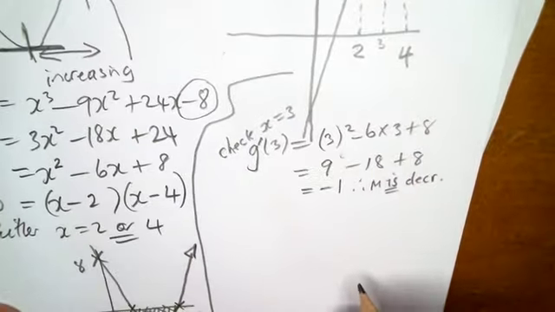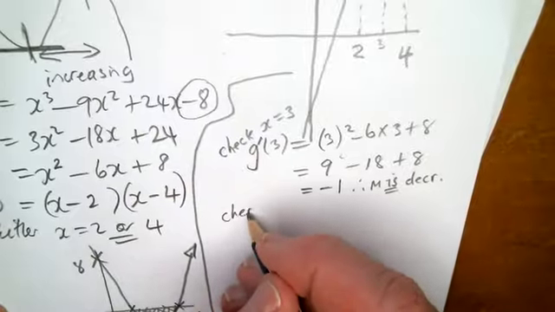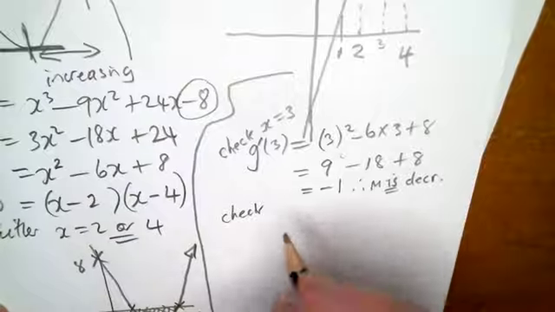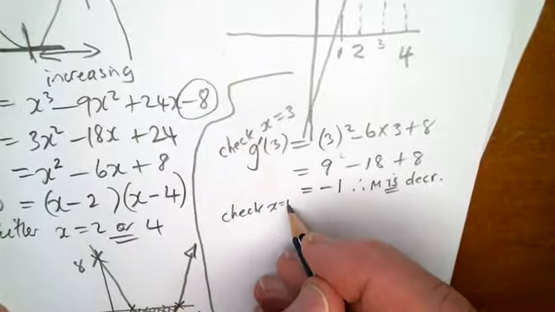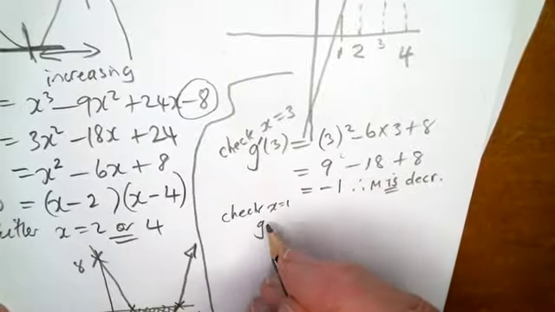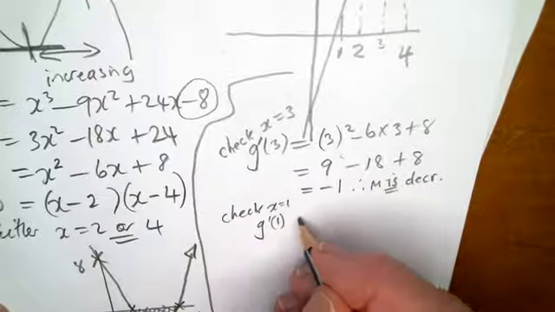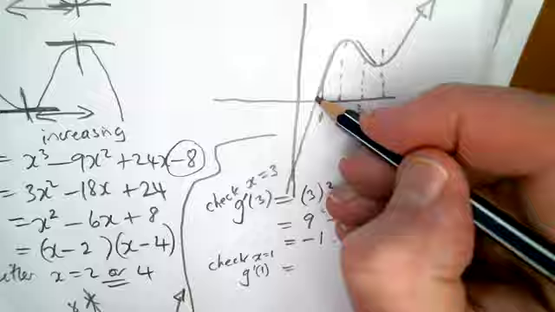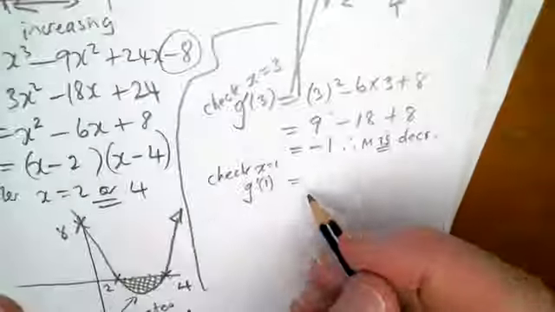Yeah? Let's check another one. Let's check on 1. Let's put a 1 in here, yeah? So check x equals 1. So g prime 1 is equal to, now here it should be increasing, yeah? There should be an increasing value here. That should be increasing gradient. Let's check it.